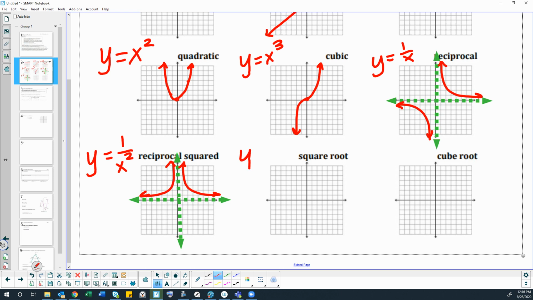Okay, square root. y equals the square root of x. Now, notice how this is just square root of x. It's not plus or minus square root of x. I said yes, and he said okay. Right. We're not going to do both the positive and the negative square root of x. We're just going to do the positive because there's no minus sitting there in front of our square root.